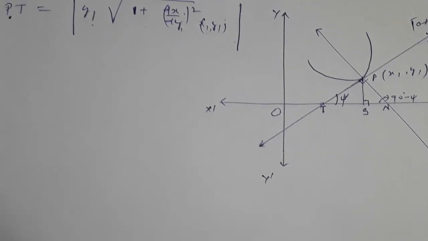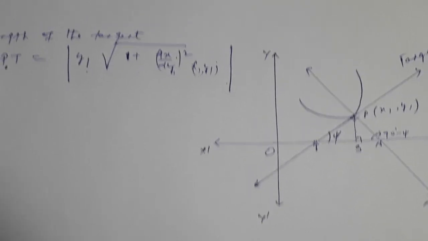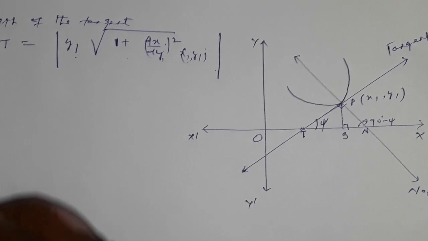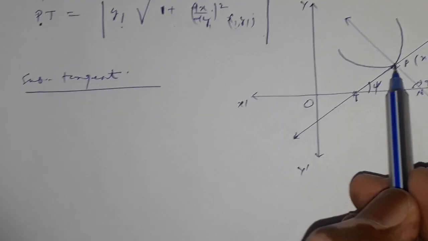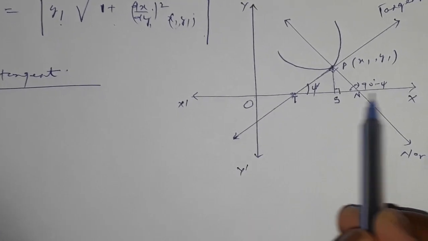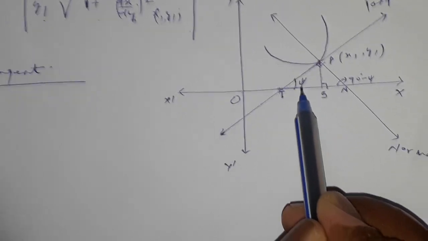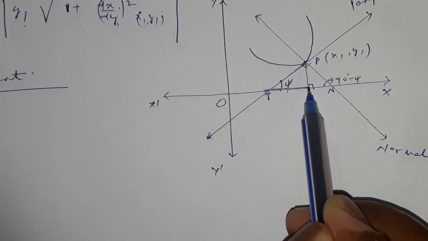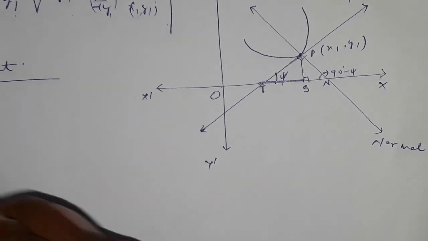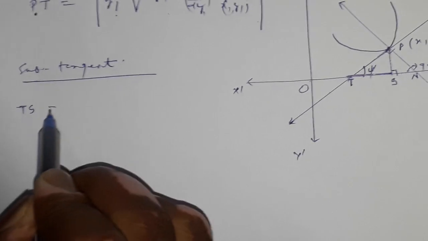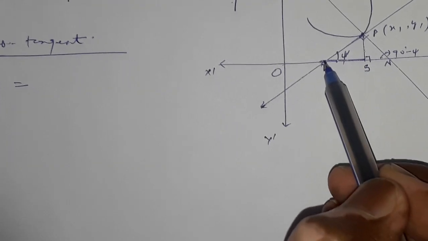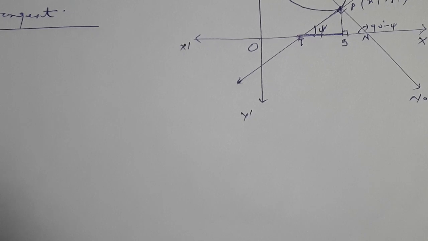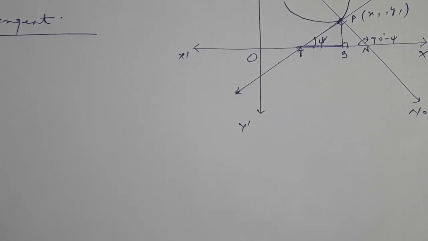Then we will go to the subtangent. The projection of the segment PT along the x-axis, that is TS, is called the subtangent.